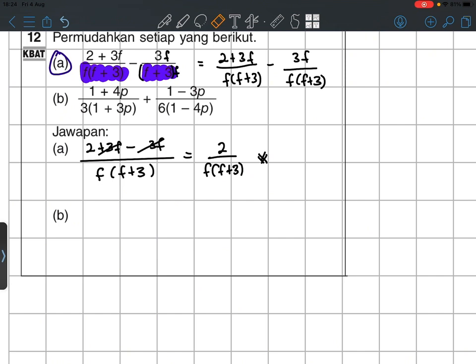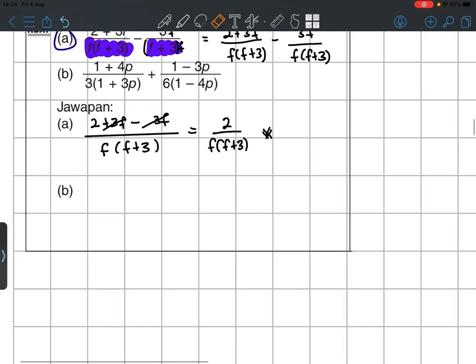Okay, probably I can multiply by... so let me do it like this. So (1 plus 4p) divided by 3(1 plus 3p) plus (1 minus 3p) divided by 6(1 minus 4p).